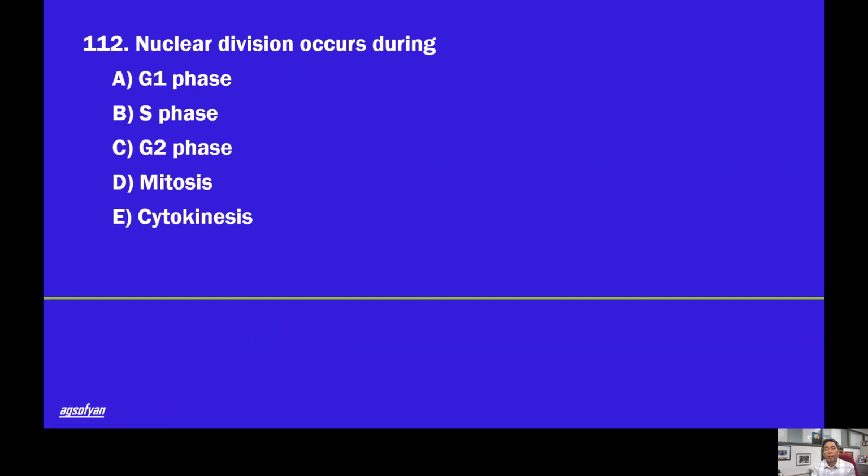Nuclear division occurs during G1, S phase, G2, mitosis, or cytokinesis. Choose your answer. The answer is mitosis. So mitosis is actually nuclear division.